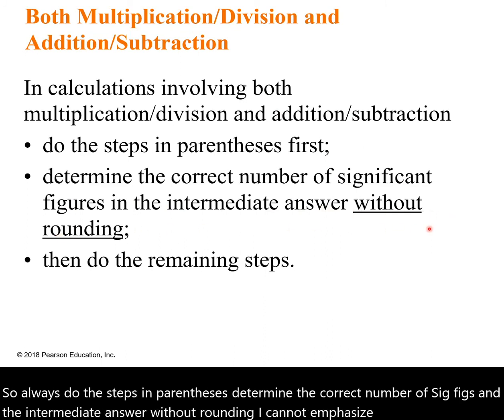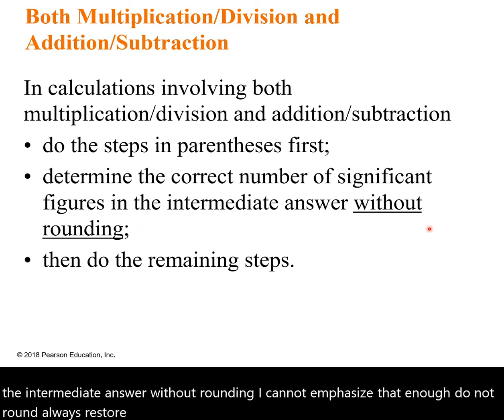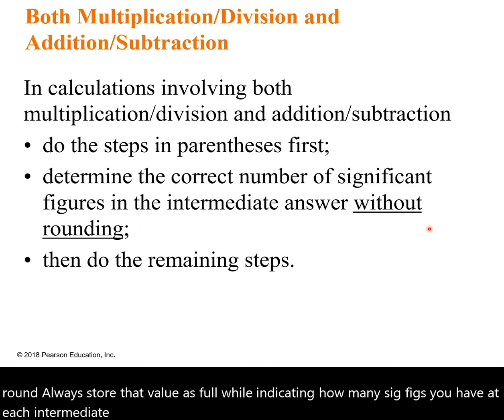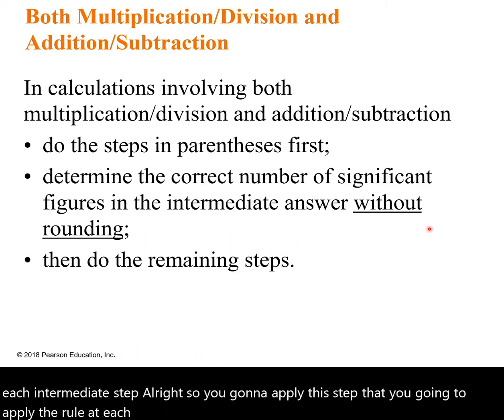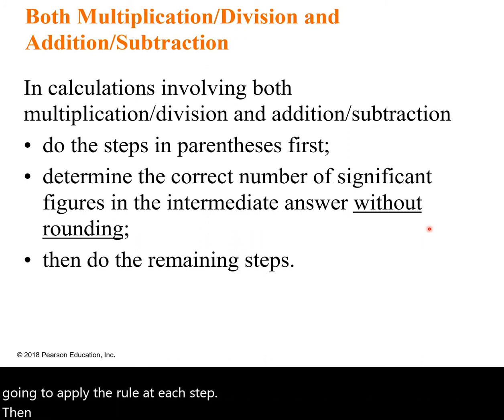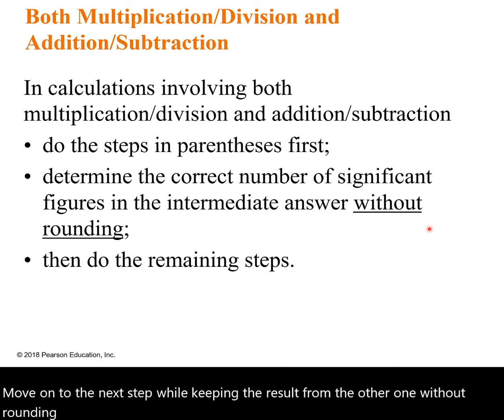Do not round. Always store that value as full while indicating how many sig figs you have at each intermediate step. All right? So you're going to apply the rule at each step, then move on to the next step while keeping the result from the other one without rounding. And I'll show you in a few examples how we do that.